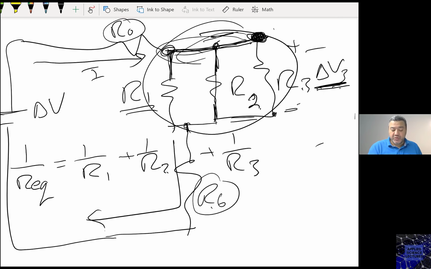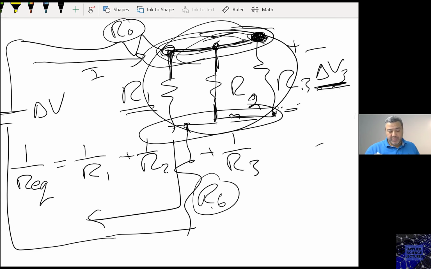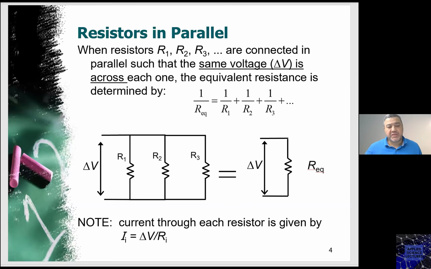Those 3 points have the same potential. Then the potential difference across R3 is the same as across R2 and across R1. So now we know the difference between series resistors and parallel resistors.